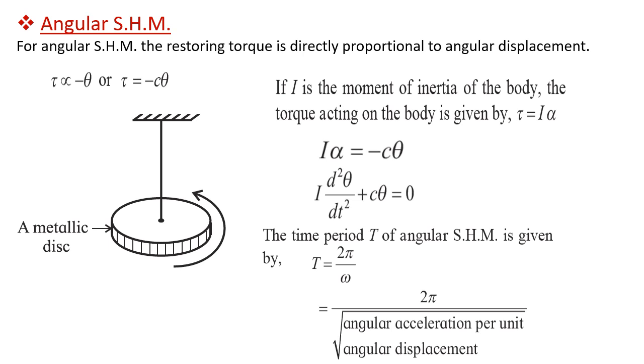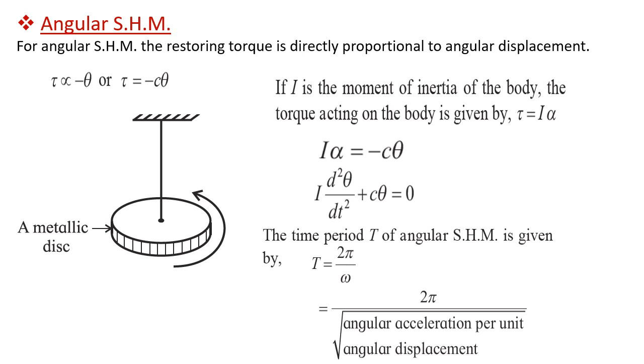If you replace this proportionality sign with a constant c, you can write the same equation as tau equals minus c theta, and c is called the constant of proportionality, which is the restoring torque per unit angular displacement.